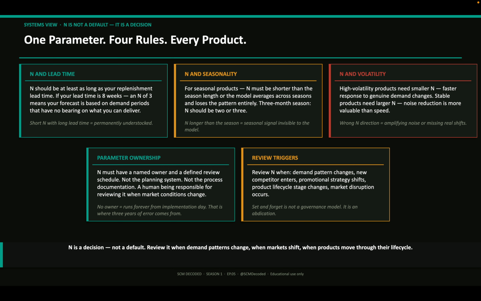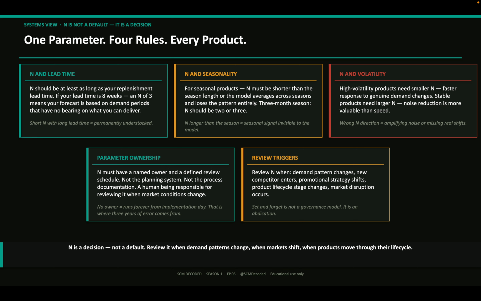So, different perspective. N is not a technical setting, it is a business decision. The N you chose expresses your belief about how quickly demand genuinely changes for a specific product. A short N says you believe demand shifts quickly and you need to stay close to it. A long N says you believe demand is stable and the model should trust the pattern more than any single recent period.